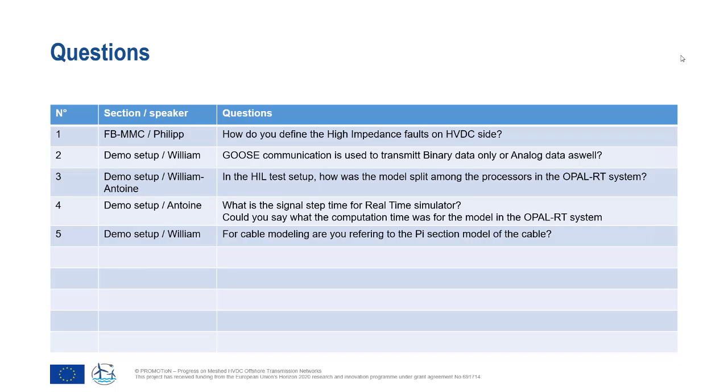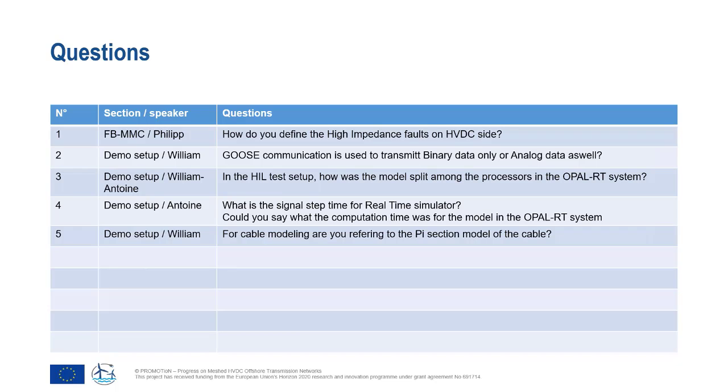Okay, thank you. The last question deals with the cable modeling. For cable modeling, are you referring to the PI section model of the cable? So, detail about the cable model used. I think it's more on the demo setup used for the real-time simulation. No, the cable model is a wideband cable model.